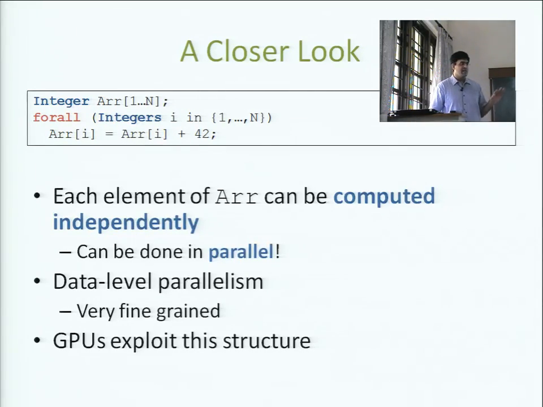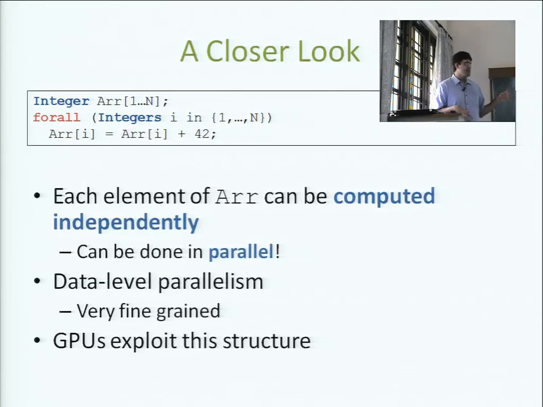This type of parallelism is called data level parallelism. It means that the code is the same and independent, and it can be run on different pieces of data, right? So this is very common in scientific applications. It's very common in things like linear algebra, signal processing, and all those kinds of applications have a lot of this data level parallelism.